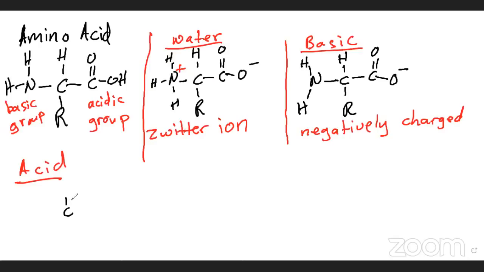So C double bond O. In the acid, the NH2 group is going to pick up a proton, and so the nitrogen will get a positive charge. Nothing will happen to this group because it's in an acidic solution. So the overall charge on this is a positive charge.